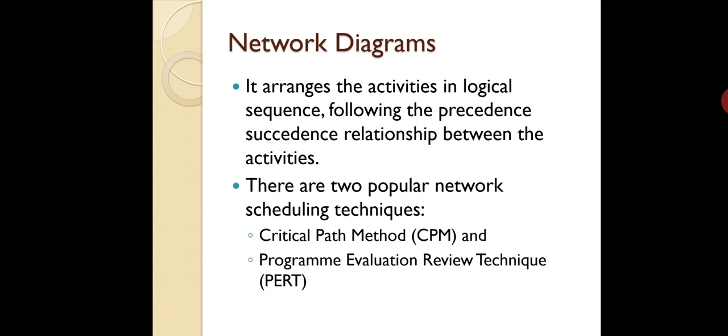Like pouring concrete will take, let's say, 1 or 2 days. So when the activity times are known with certainty, we use critical path method, whereas if the activity times are not known with certainty, we use program evaluation review technique.